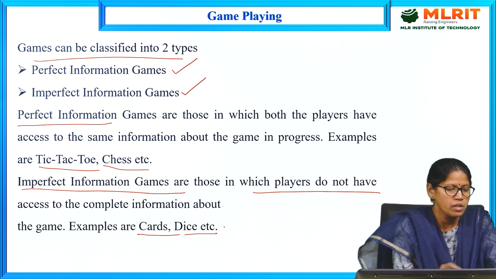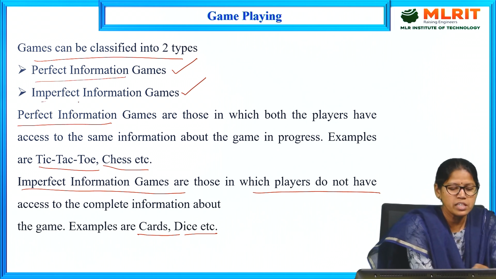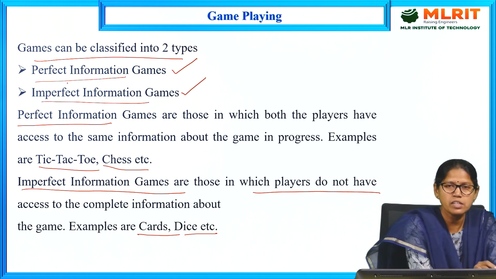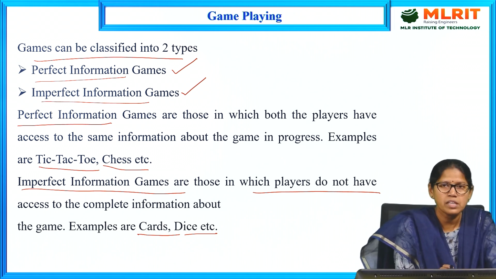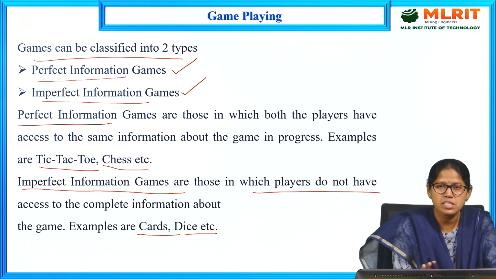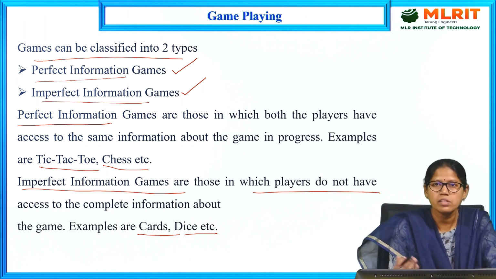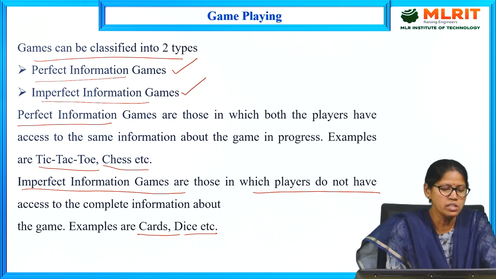Perfect information games give both players complete information, while imperfect information games give only certain knowledge about the game.